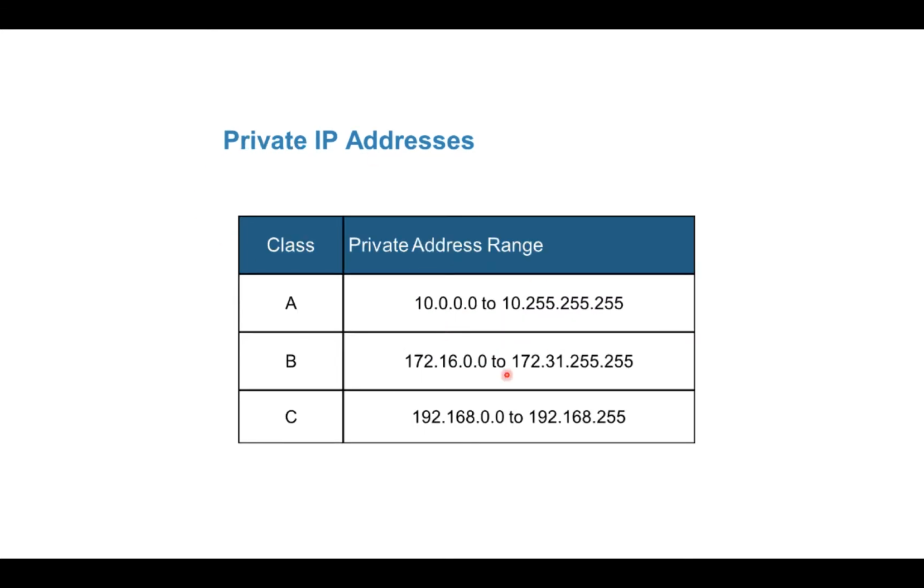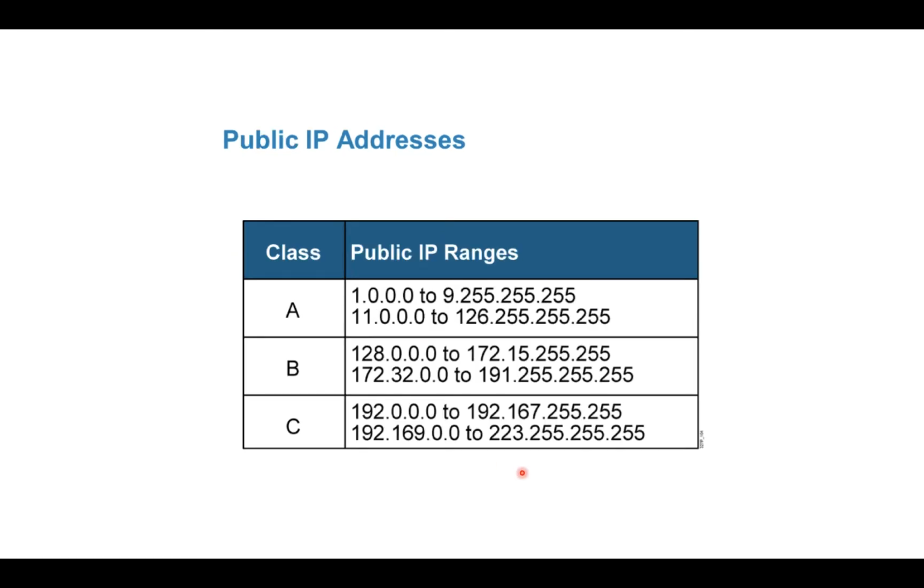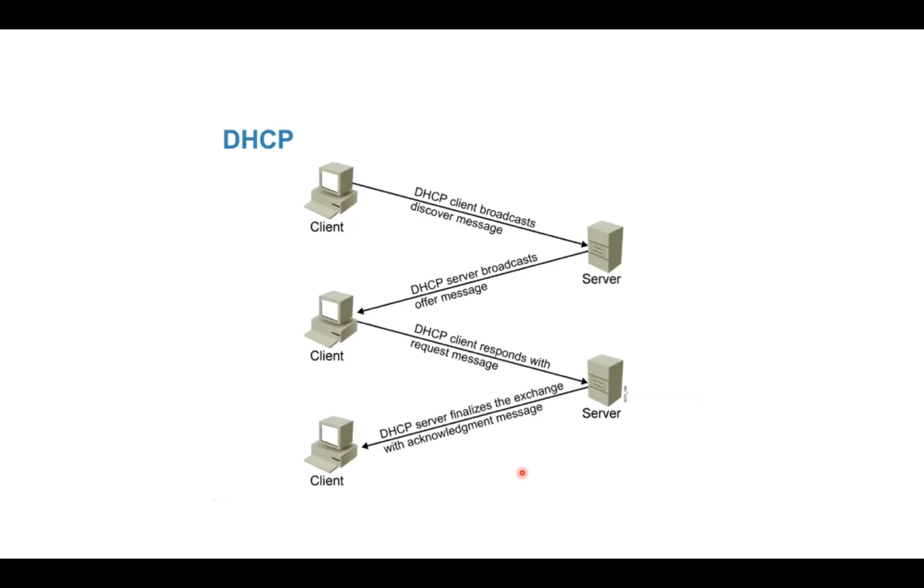Okay, and here is the private IP address range, we have seen this before, for classes A, B and C, and these are separated from public IP addresses.